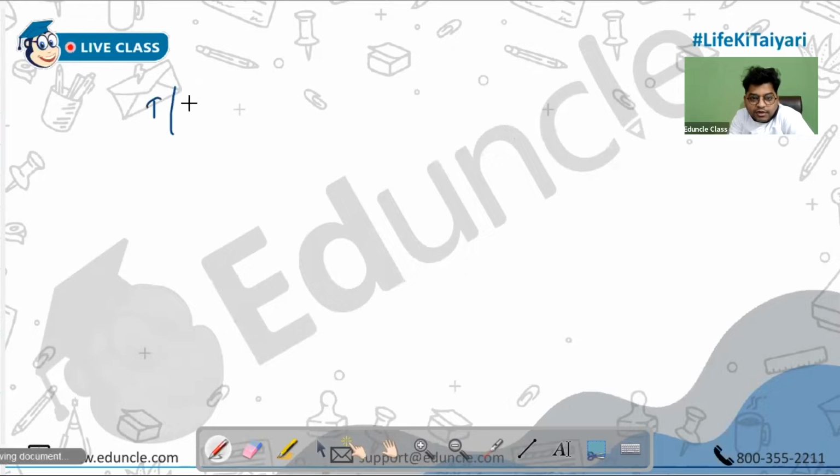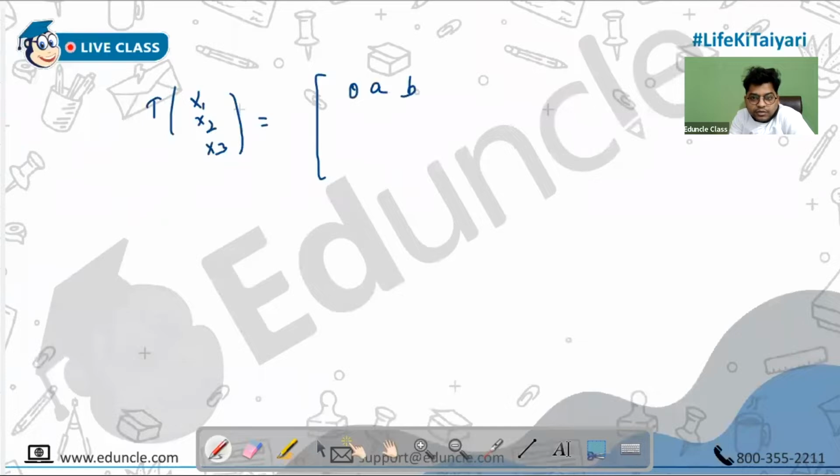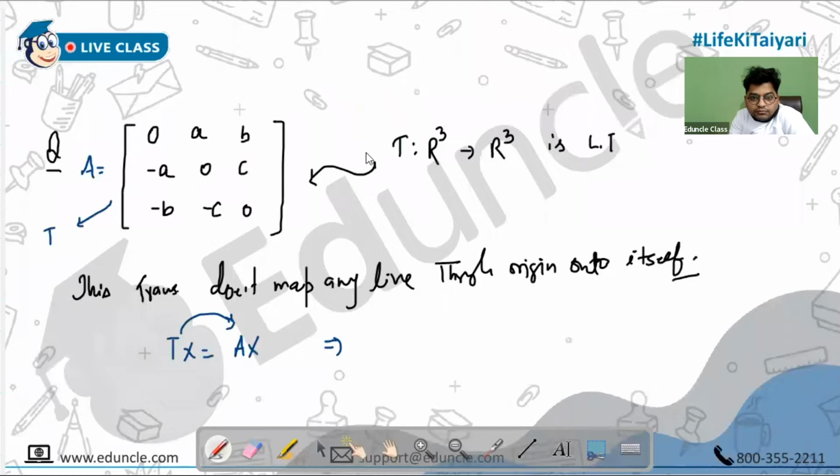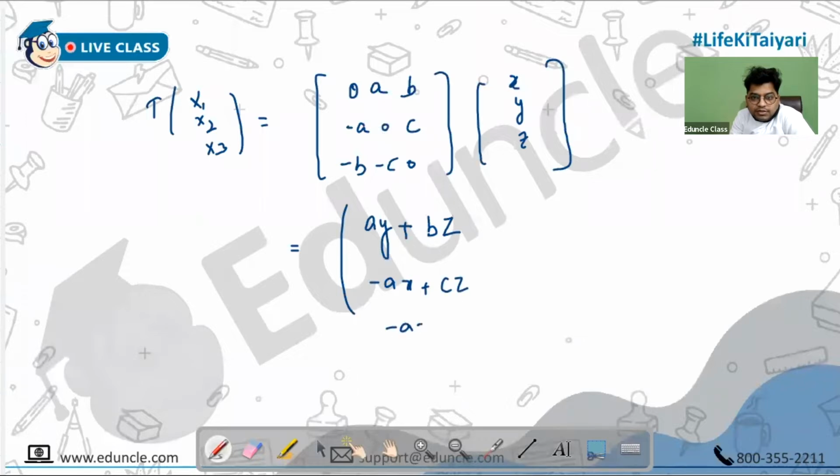Here x you will write as x1, x2, x3, because matrix is multiplied in this way: 0 A B, minus A 0 C. That is AY plus BZ, minus AX plus CZ, minus BX minus CY.